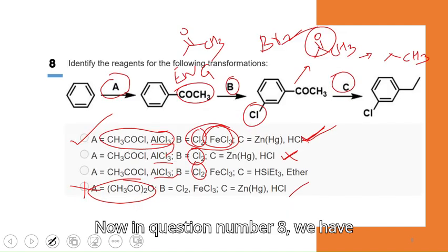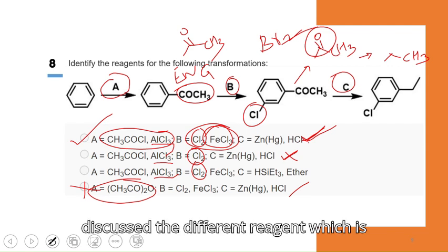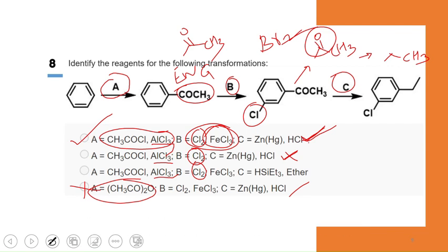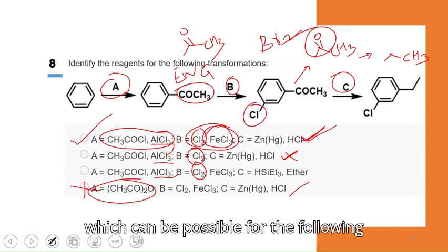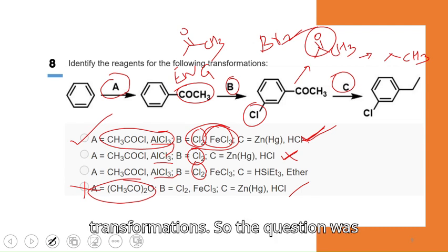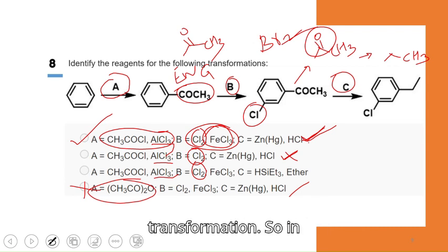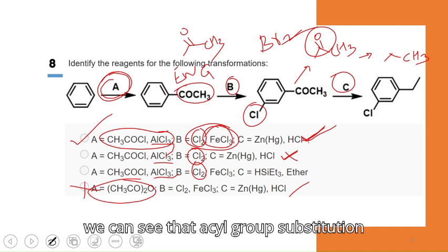Now in question number 8, we have discussed the different reagents which can be possible for the following transformations. The question was to identify the reagent for the following transformation. In the first case, A, what is A? Here we can see that acyl group substitution is taking place.